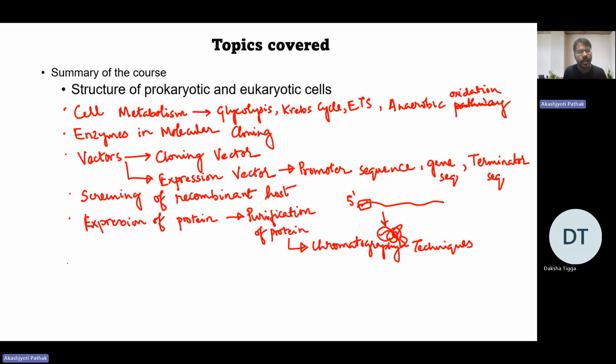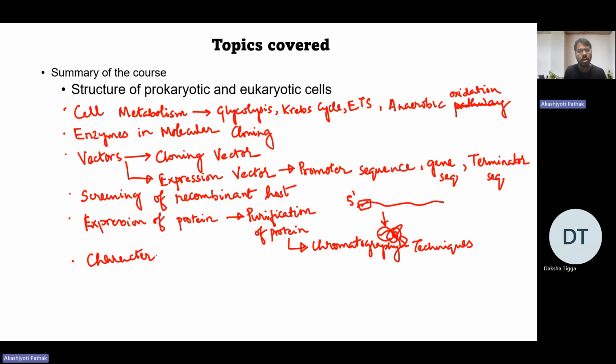Okay. Then after the purification, we learned about the downstream methods. So how can we characterize the product? We have purified the protein, but we have to perform some characterization experiments so that we can be sure that the protein that we have purified has all the characteristics that are expected of the protein.